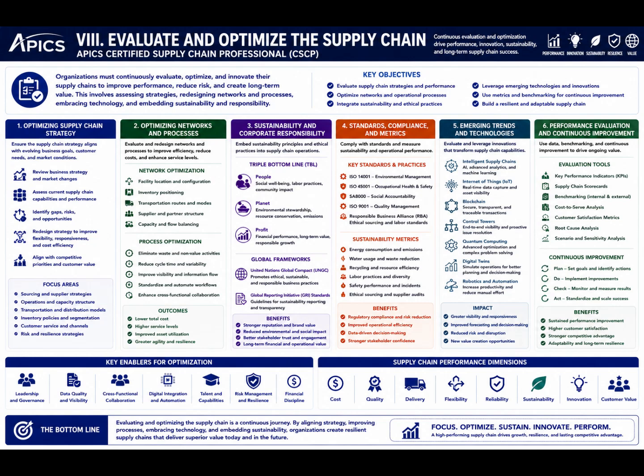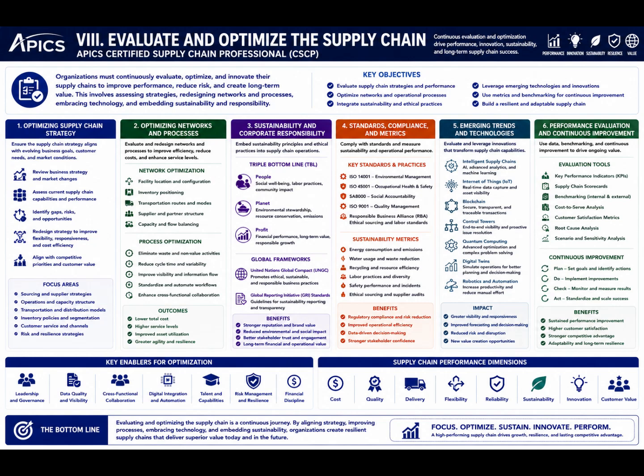growth and operational resilience. Sustainability is a critical theme throughout this section of the CSCP framework. The program explains that organizations must embed sustainability principles into supply chain operations to address environmental, social, and economic responsibilities.